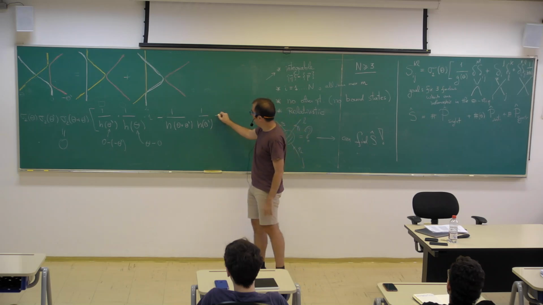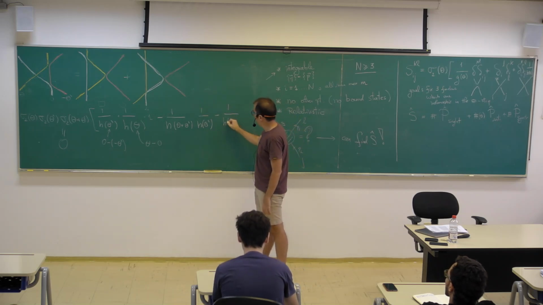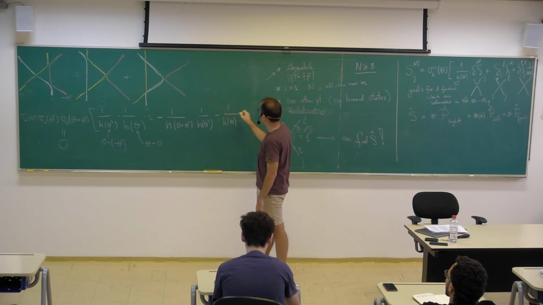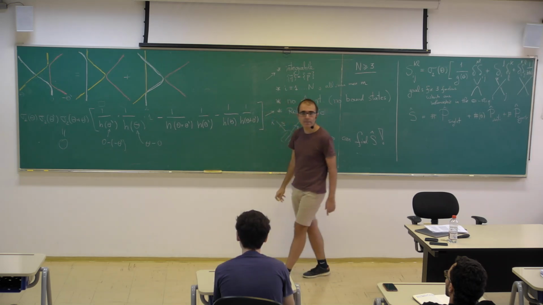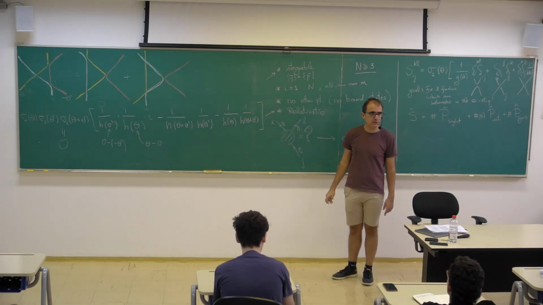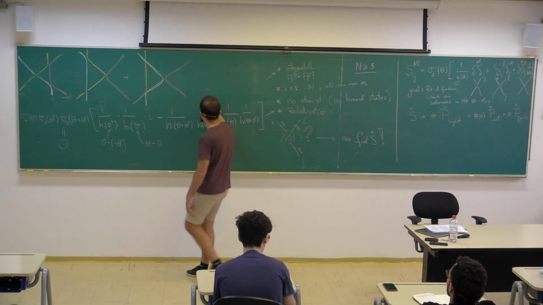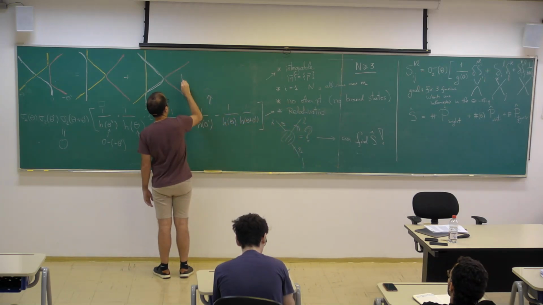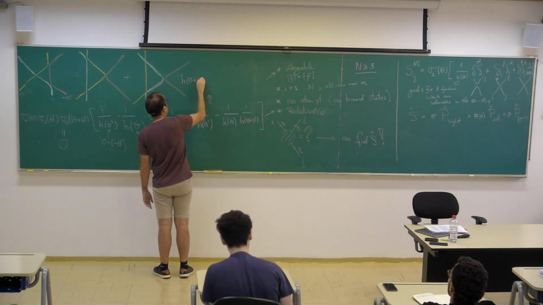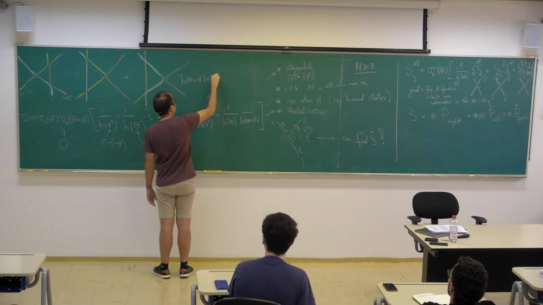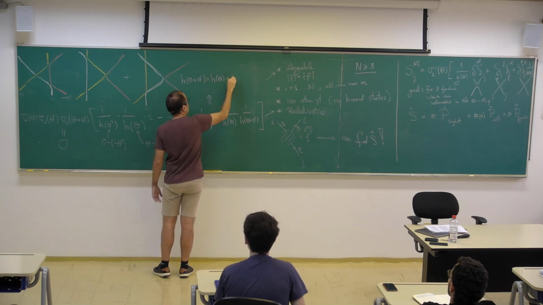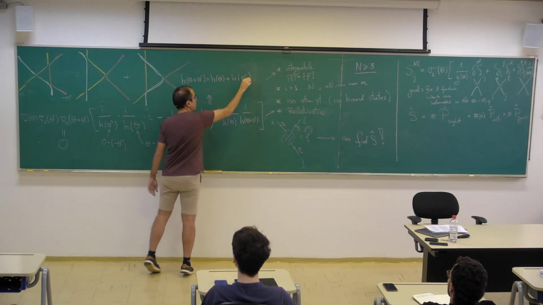And the other one is minus this one here, the first reflection H of theta, the second reflection H of theta plus theta prime. Right? And so we conclude that H of theta plus theta prime is equal to H of theta plus H of theta prime.